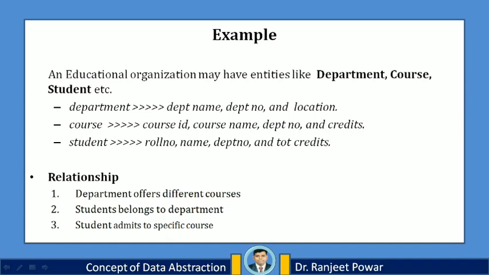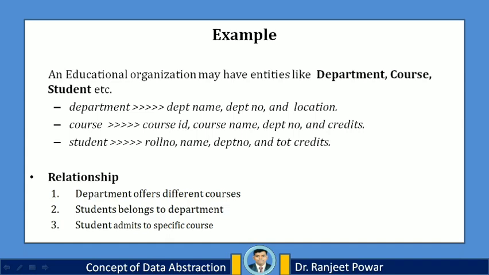Department having the fields department name, department number, and the location. Course with the fields course ID, course name, department number, and credits. Then students with the fields roll number, name, department number, and total credits.